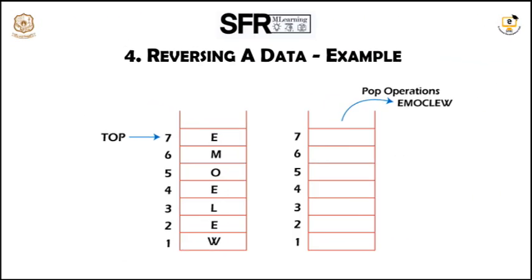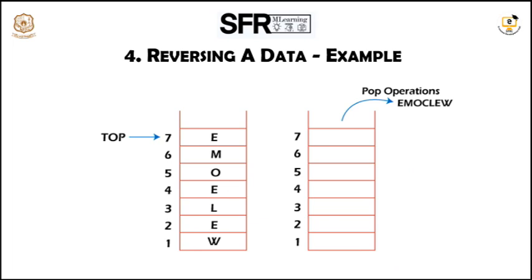My string is WELCOME. It is scanned one by one character and pushed onto the stack. So in my stack there exist 7 characters. The given string must be placed one by one character into the stack.